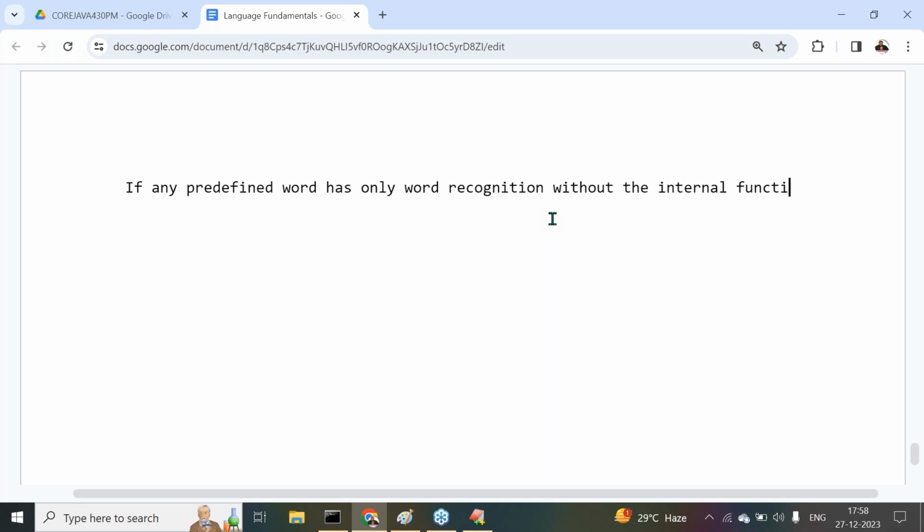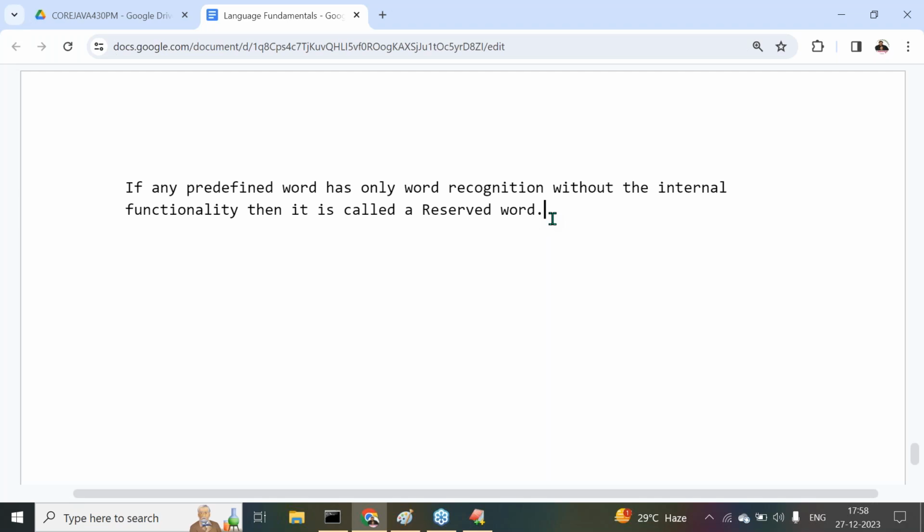But if any predefined word has only word recognition without the internal functionality, then it is called a reserved word.